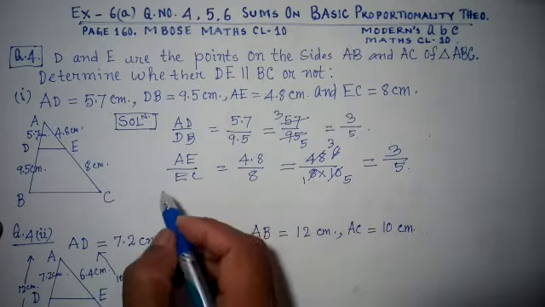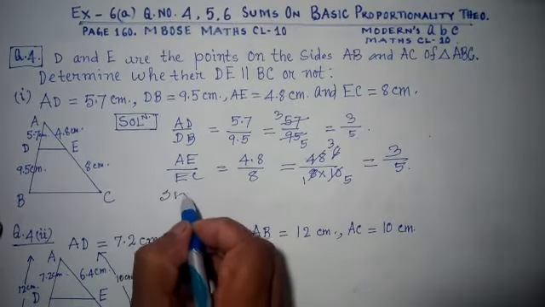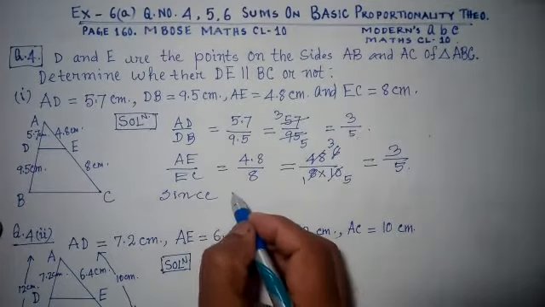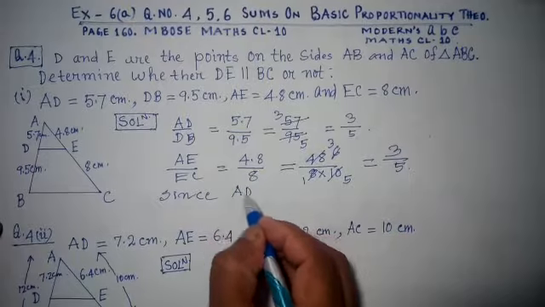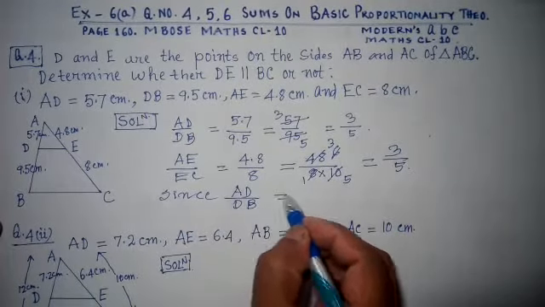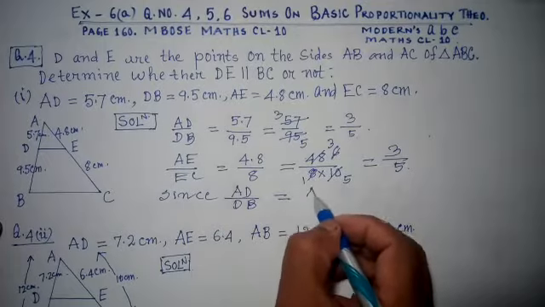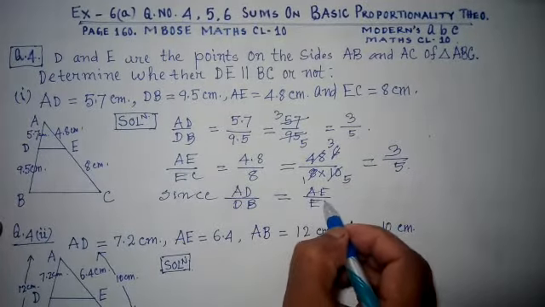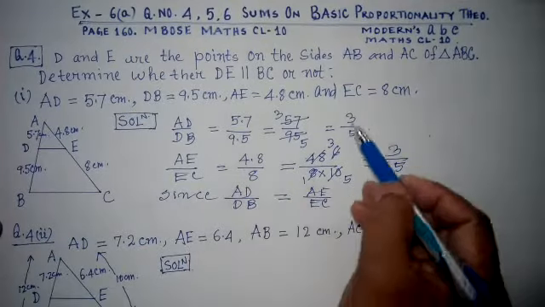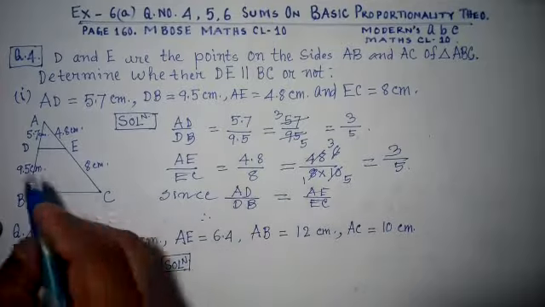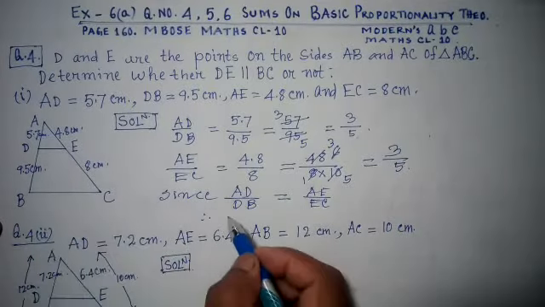So we can write here, since AD by DB is equal AE by EC. This also 3 by 5, this also 3 by 5, they are equal. So we can say DE parallel to BC.